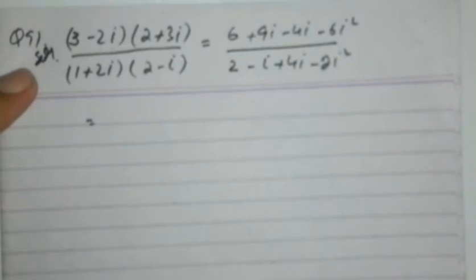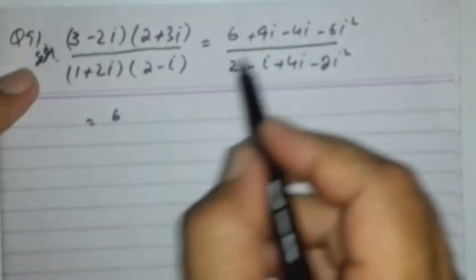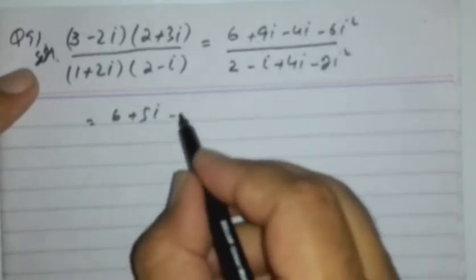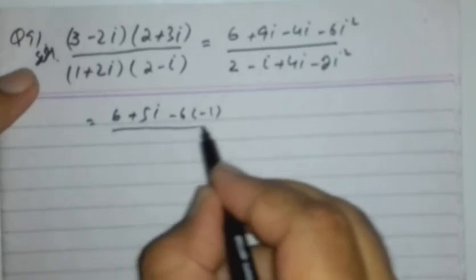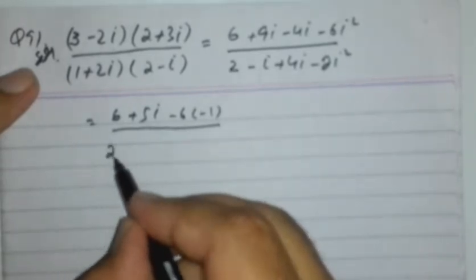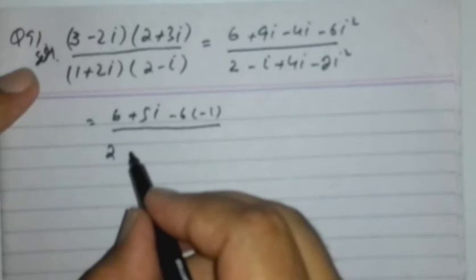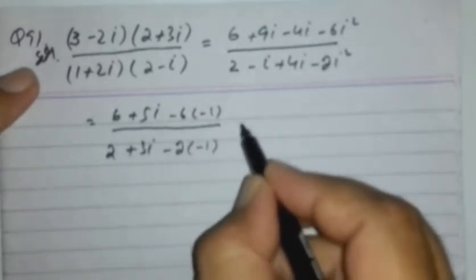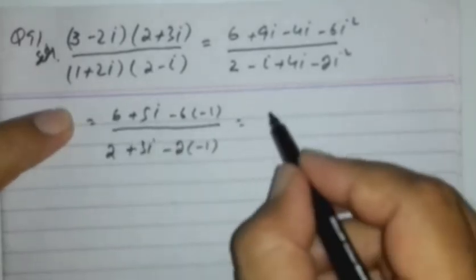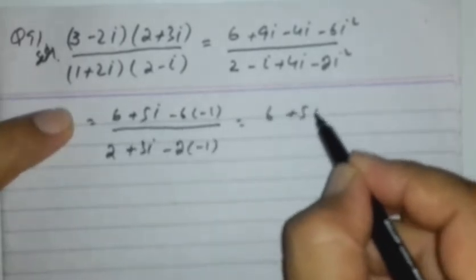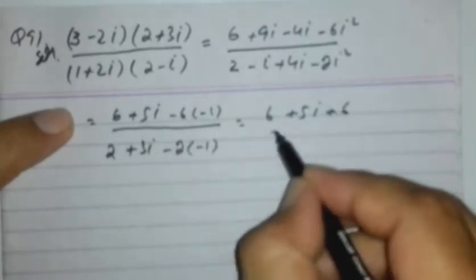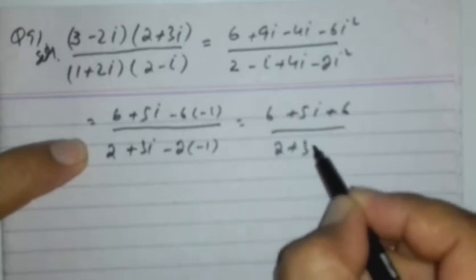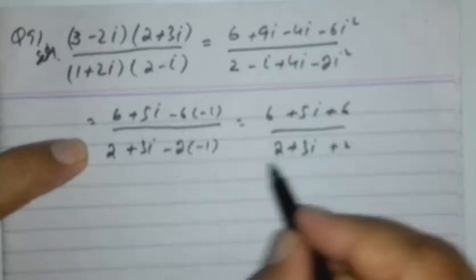Now 9 minus 4 we get 5 iota, and here iota square value is minus 1. 4 minus 1 we get 3 iota, and here minus 2 iota square, value is minus 1. 6 plus 5 iota, minus into minus plus 6, and here 2 plus 3 iota, minus into minus plus 2.